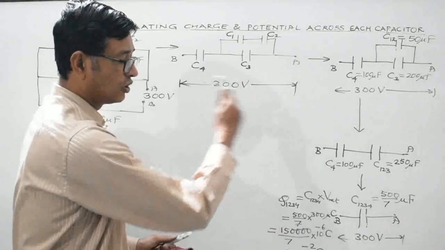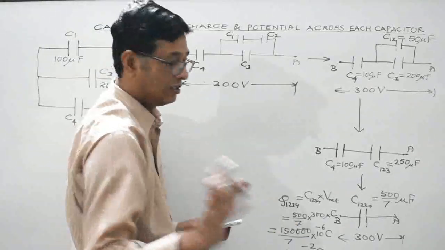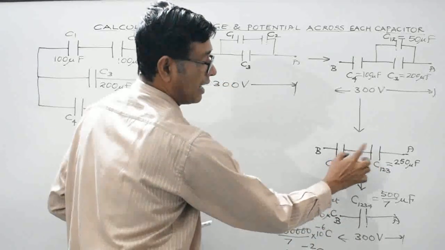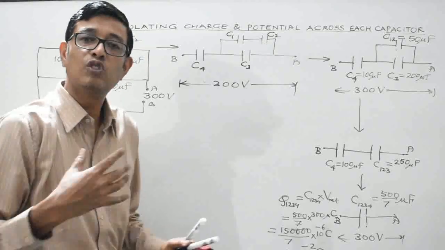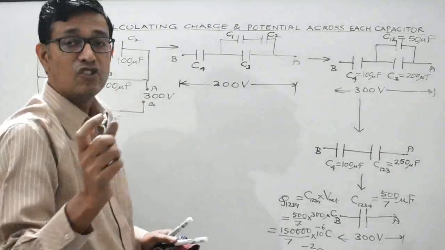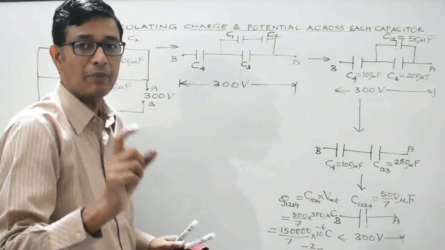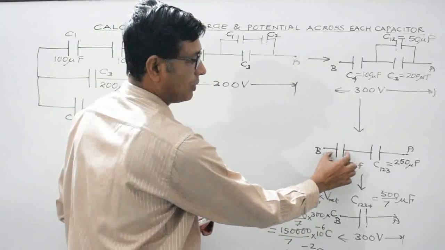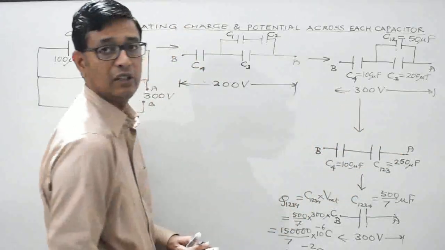Now, let's follow the reverse step. Students, look, this is the series combination of these two. And as I have told you, in the series grouping of capacitors, the charge across the plates of each capacitor must be constant. So the same charge should be across the plates of capacitor C4 as well as C123.